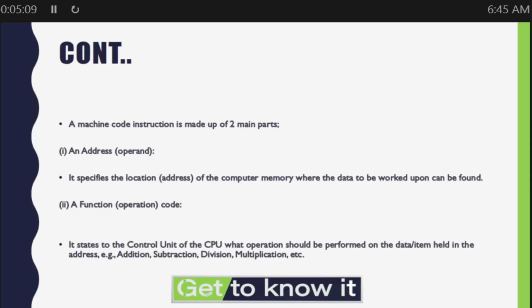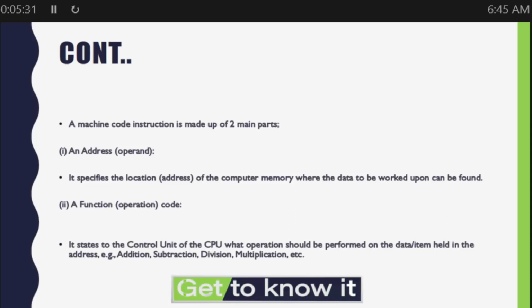A machine code instruction is made up of two main parts. Part 1, an address or operand. An address or an operand specifies the location or the address of the computer memory where the data to be worked upon can be found.